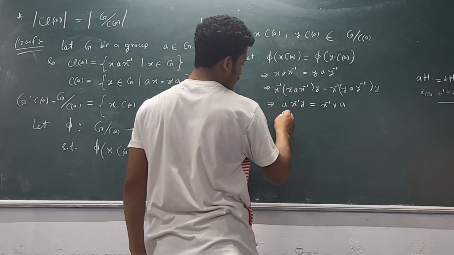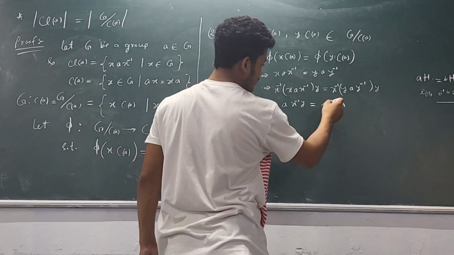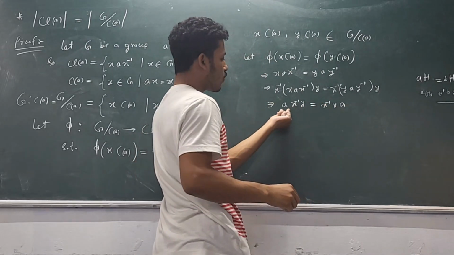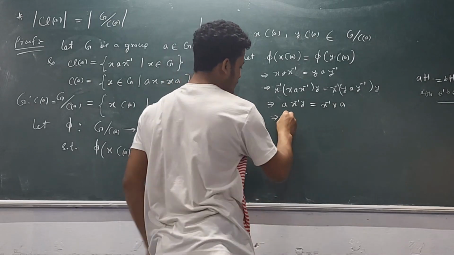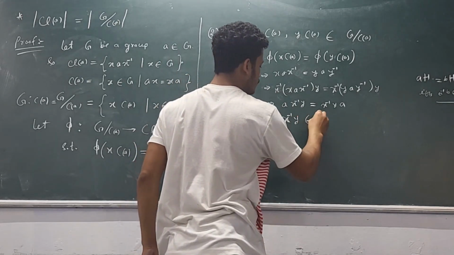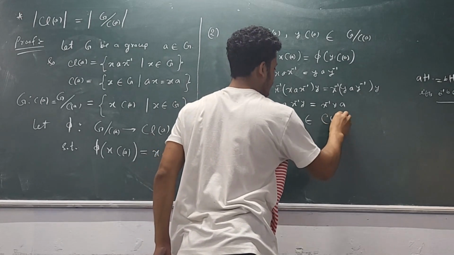So a into x inverse y is equal to x inverse y into a. That means x inverse y commutes with a. That means x inverse y belongs to the centralizer of a.